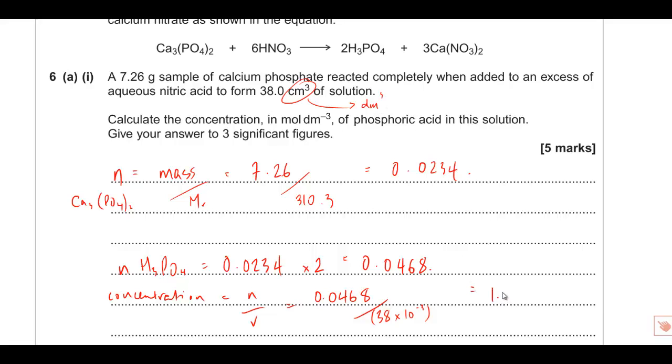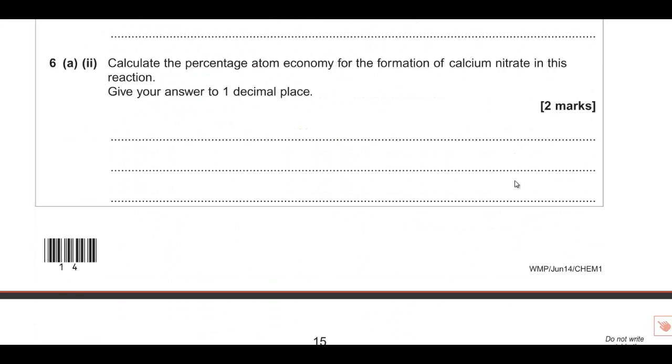Calculate that out and we get a value of 1.23 moles decimeter cubed. So quite a bit of work in that, but 5 marks, it's a good reward for the effort we've put in there.